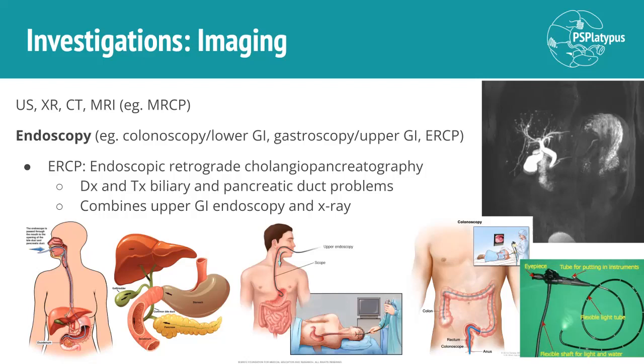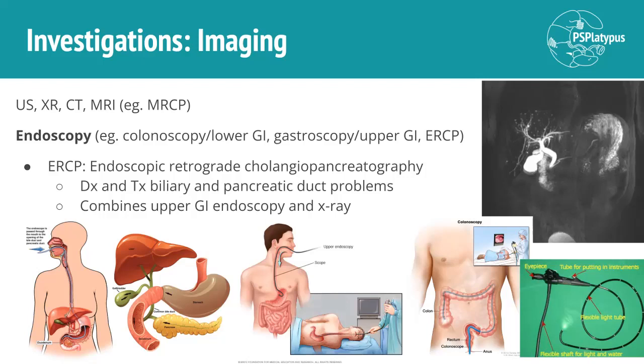You can also take samples with endoscopes and do a bunch of other things. You can cauterize. But basically they're a little camera on the end, and we can look in the bowels or the gastrointestinal tract as a whole. Okay.